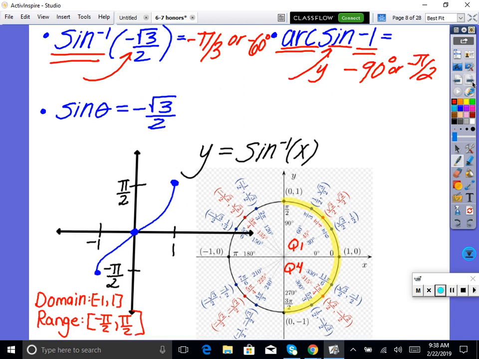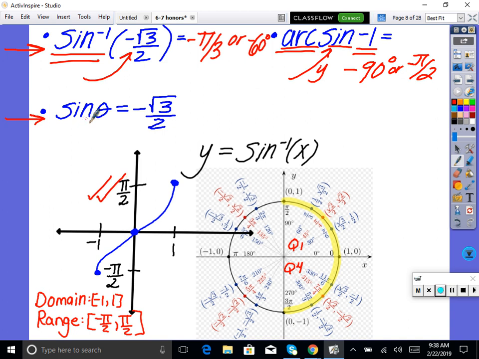Okay, now write this down in your notes, please, everybody. There is a huge difference between this problem and this problem. So write down the difference between this and this. Now this one says, what one angle has this y value? This is, however, not saying sine inverse. Sine inverse has this graph right here.